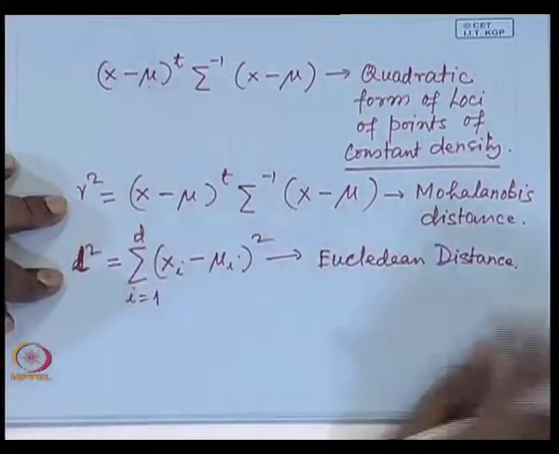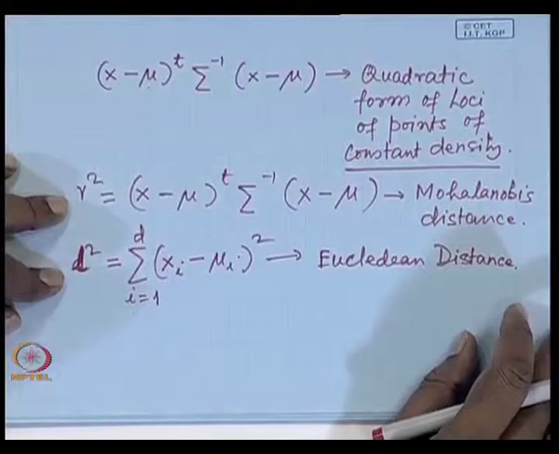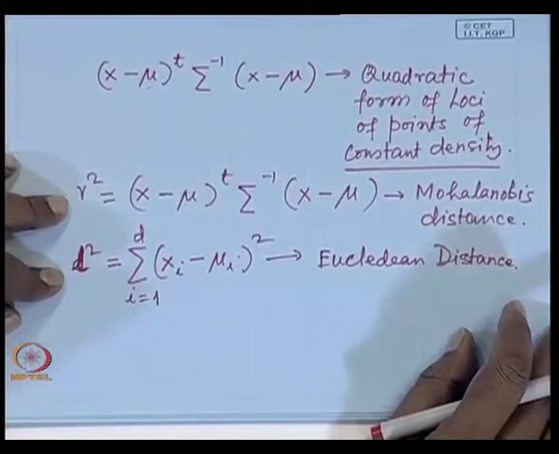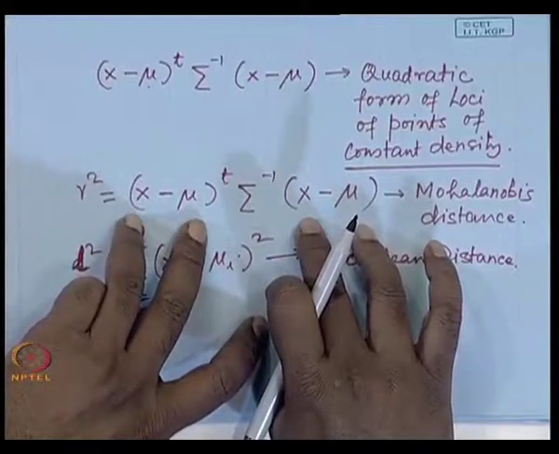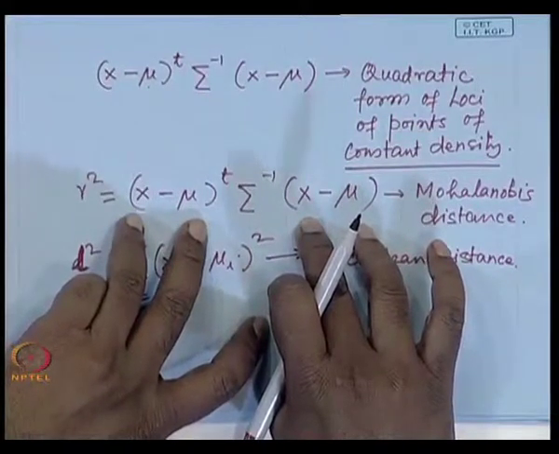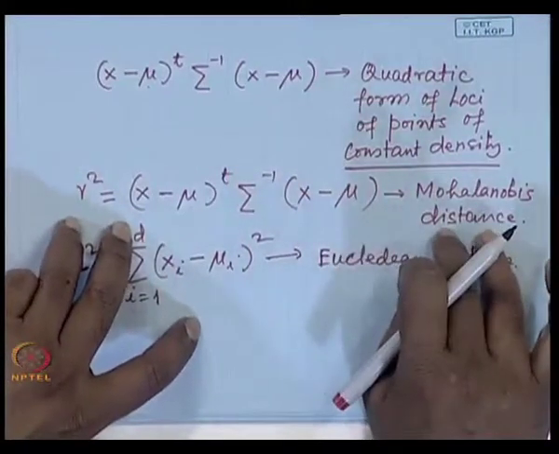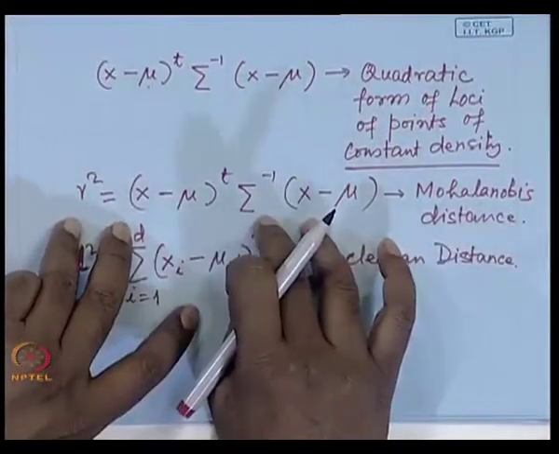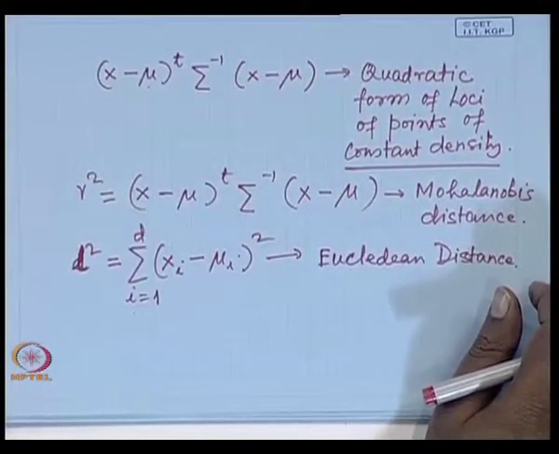So, this is what is called Mahalanobis distance. Now, square, it is a quadratic term, (x minus mu) transpose into (x minus mu). The distance is r. The expression is given by this. That is quite obvious.